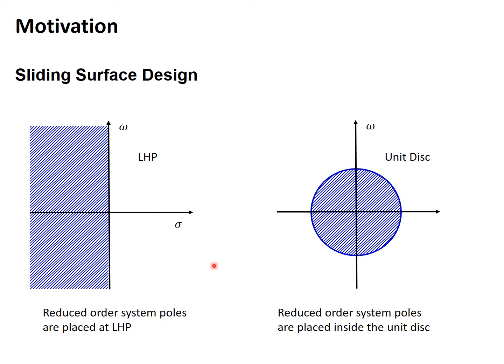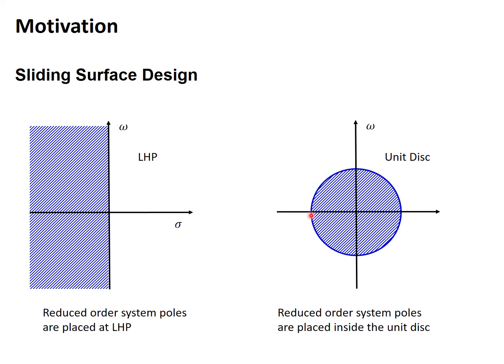How does the sliding surface design change? In continuous time, the reduced order system poles were placed in the left half plane. Here also the concept of reduced order system poles is there, but since we are dealing with a discrete time system, the reduced order system poles have to be placed inside the unit disk.